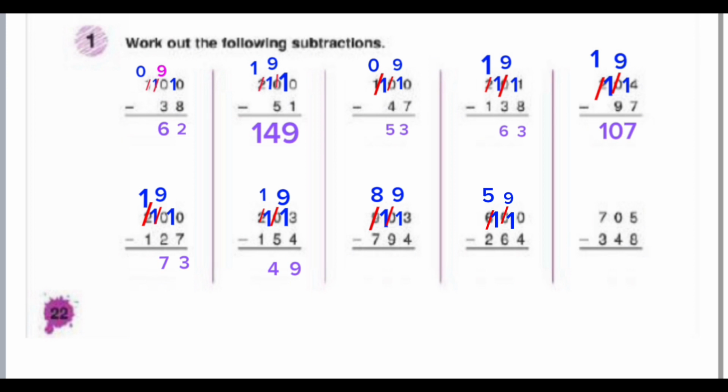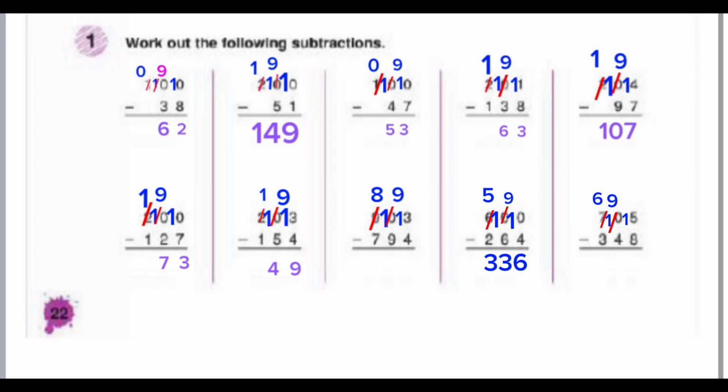The last operation in exercise 1, 705 minus 348. 5 minus 8, we can't. Now, 5 must borrow from the tens, but it is 0. So the 0 in the tens will borrow from the hundreds, 7. That will become 6, and the tens digit will become 10. 5 now can borrow from the tens digit. It will become 15, and the tens digit, which is 10, will become 9.